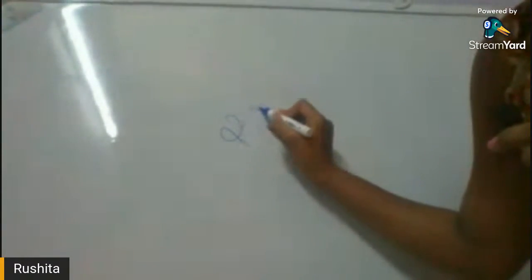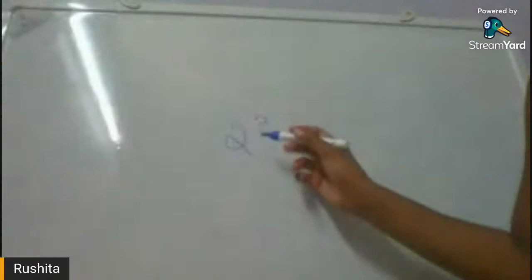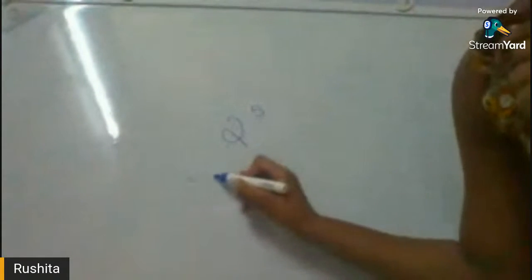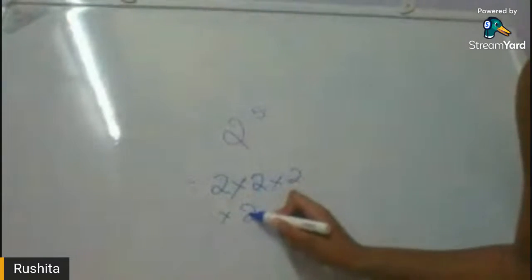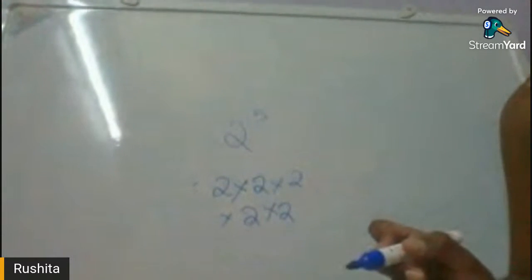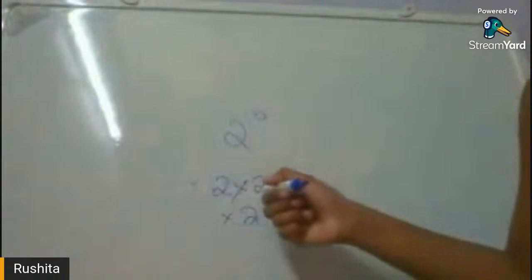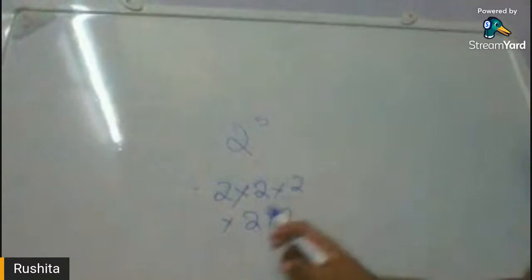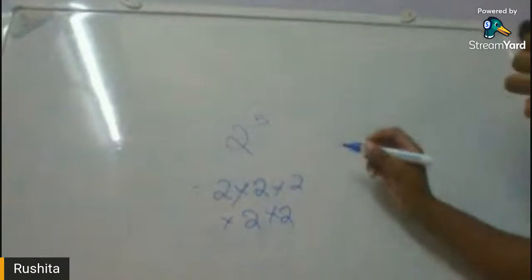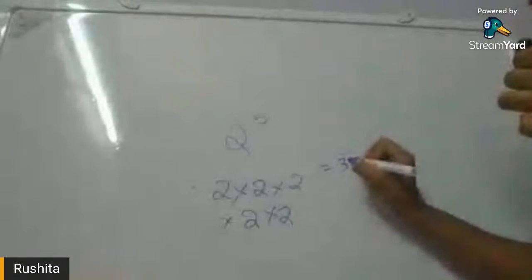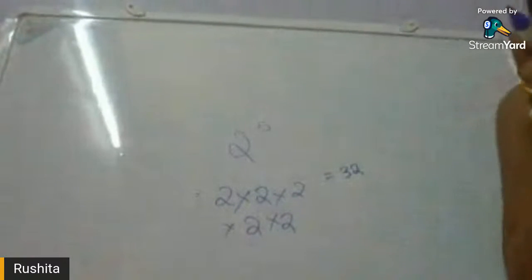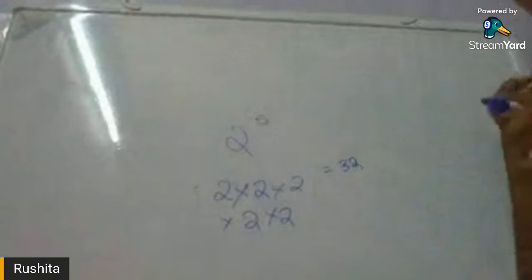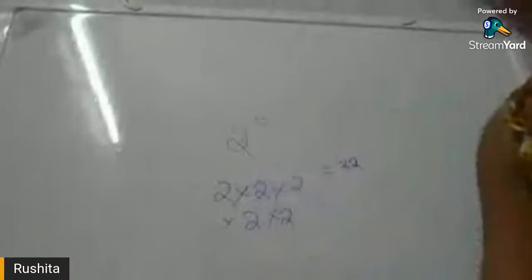This is a number where this is the power, and 2 to the power of 5 means 2 multiplied 5 times, right? 2 is multiplied 5 times, which comes to 2 twos are 4, 4 twos are 8, 8 twos are 16, 16 twos are 32. So 32 is the answer. Understood? Yes. Hope you have understood. And let's go to the next one.